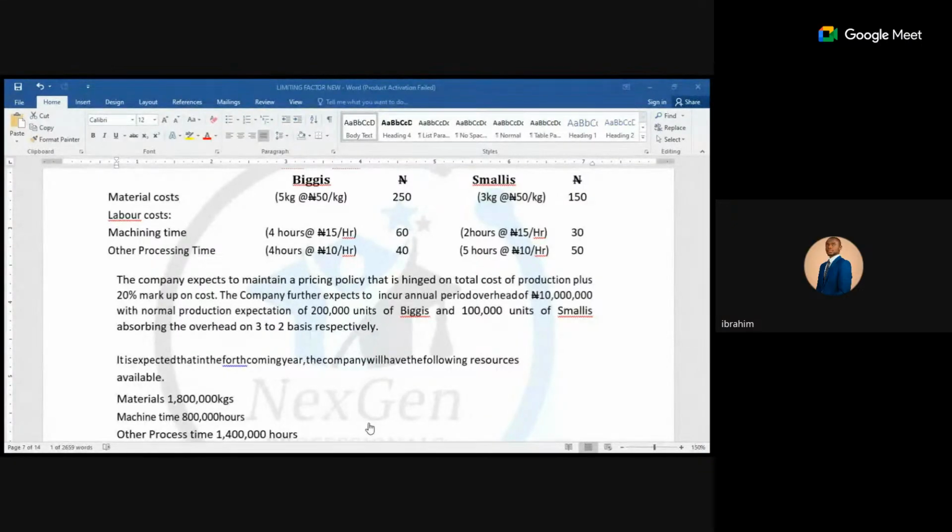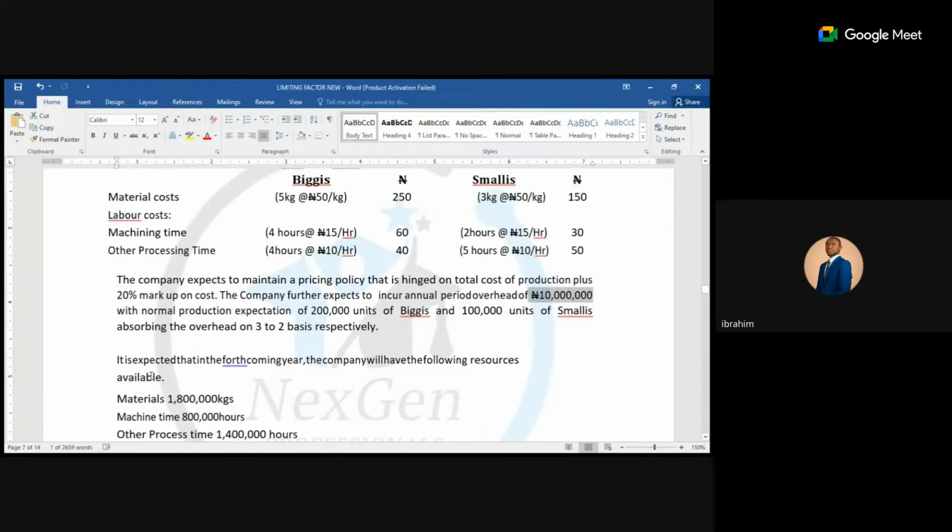Smallies, we take 2/5 of the fixed overhead. That is the basis of apportionment. 3 plus 2 is 5. 3/5 times the 10 million for biggies, and 2/5 times the 10 million will give us the one for smallies.